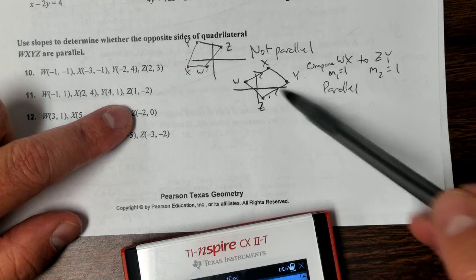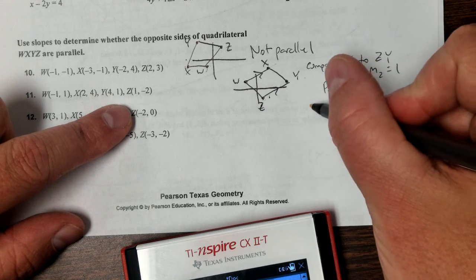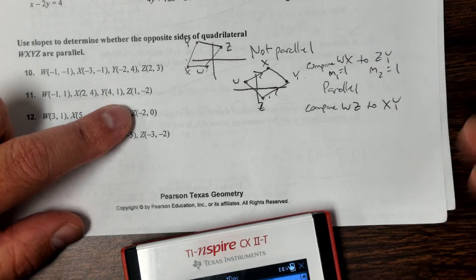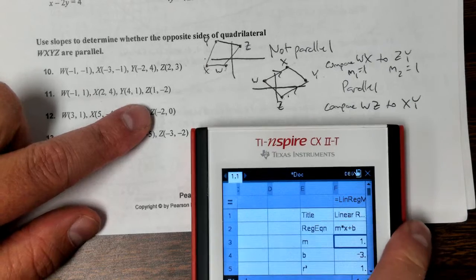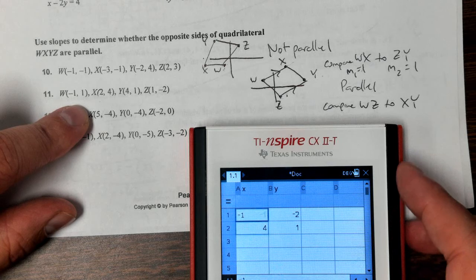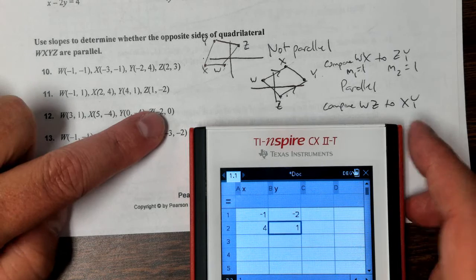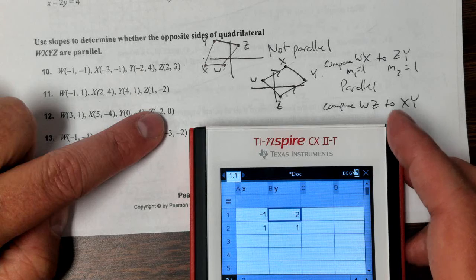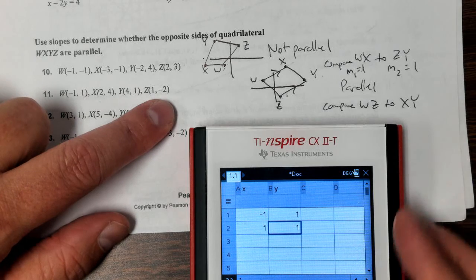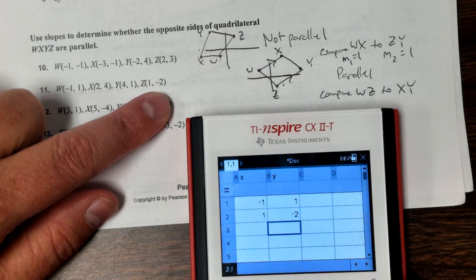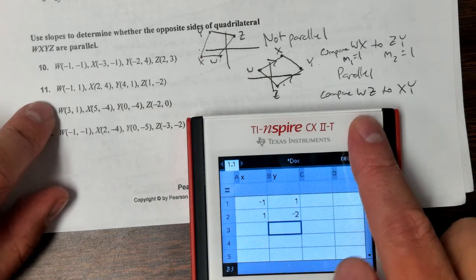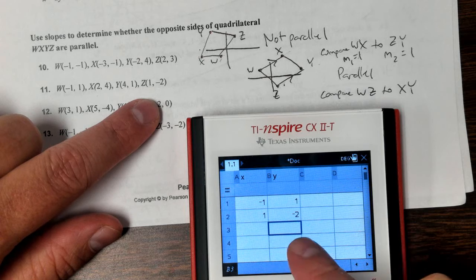And now let's do wz and xy. So for wz, we go over here, put negative 1 and 1, and for the y values we put 1 and negative 2. So again, doing wz, w was negative 1, 1, z is 1, negative 2.